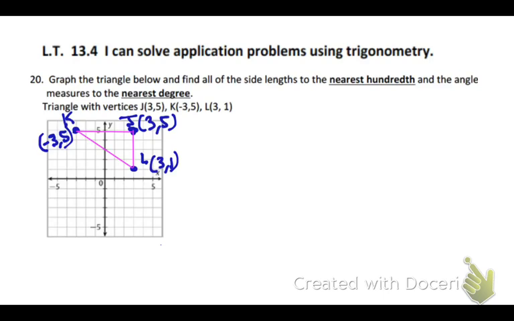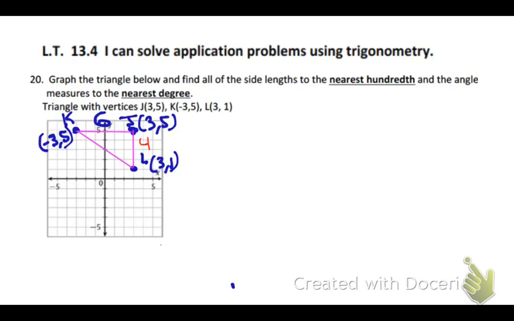Oh, it's not letting me write. Okay. So then what you can do is just count. So just count from negative 3 to 3, and that's 6 units. And then this one, we go from the 1 to the 5, so that's 4 units.